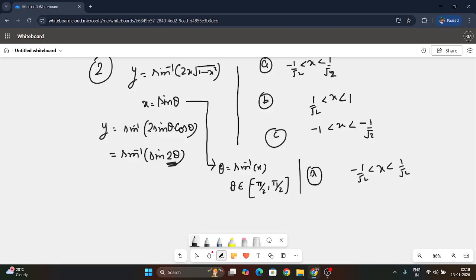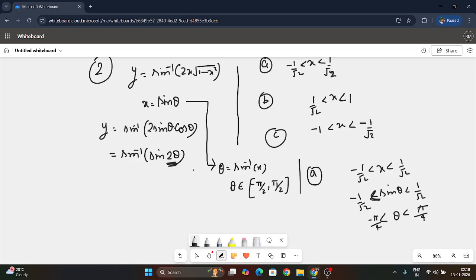So sine theta is lying like this, and theta is obviously going to be from minus pi by 4 to pi by 4.